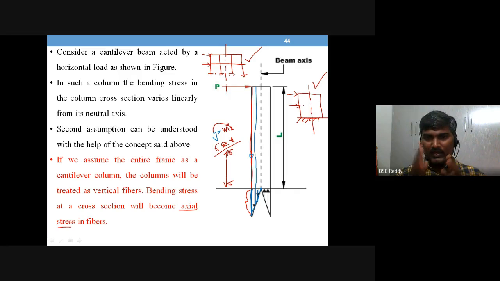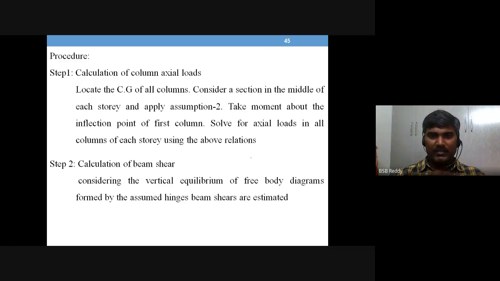That layer is nothing but a column. So if you take one small section here, a part of just dx, that is nothing but a column in the frame. That is the concept behind it.